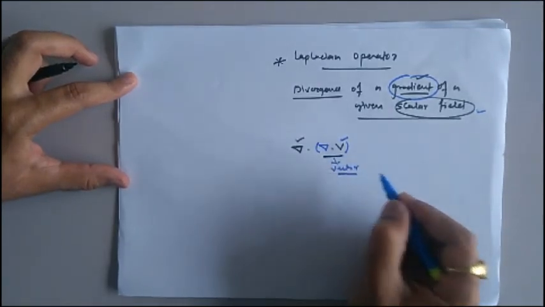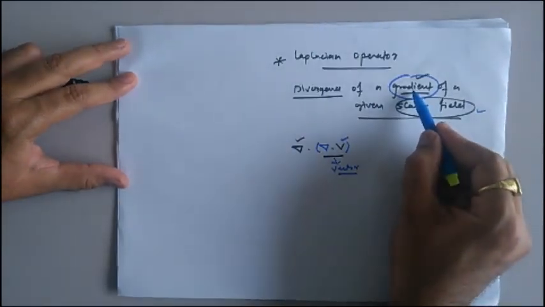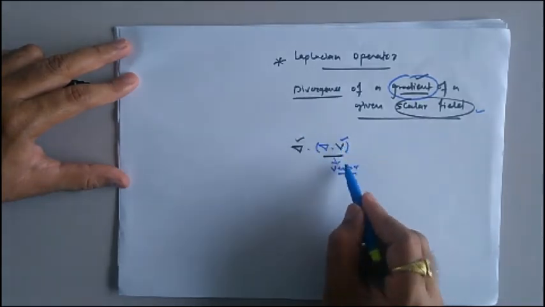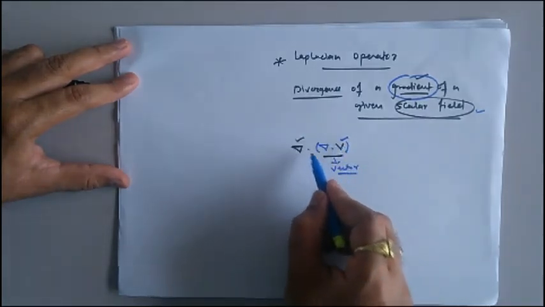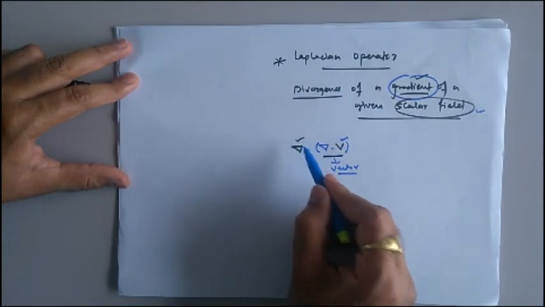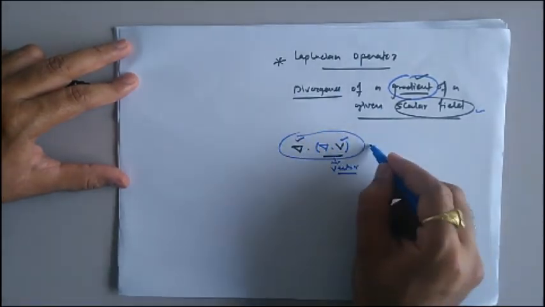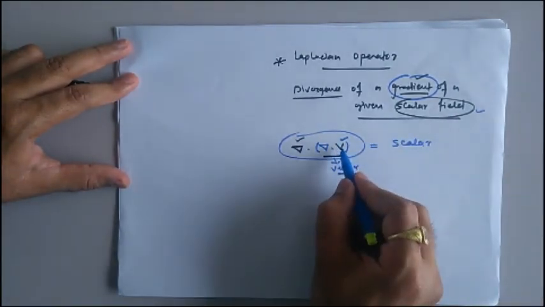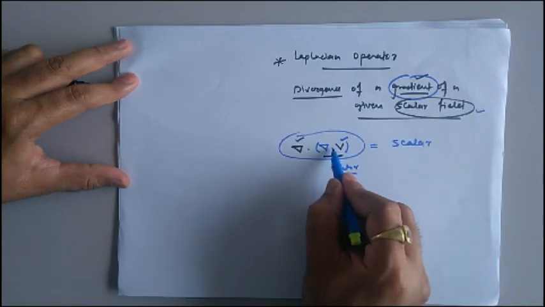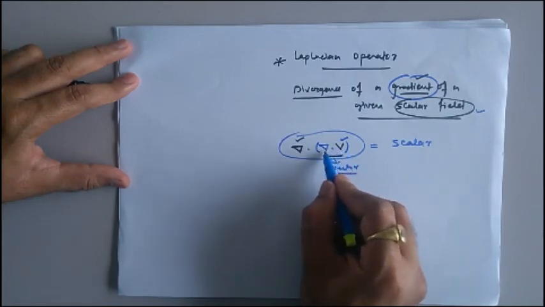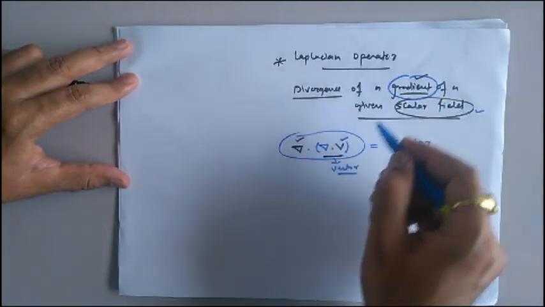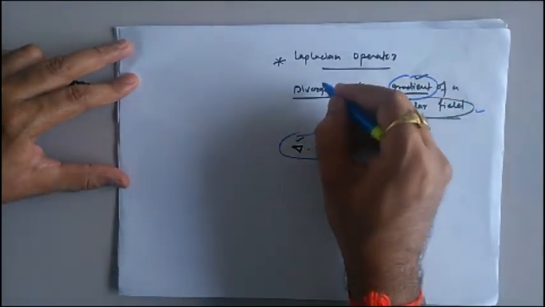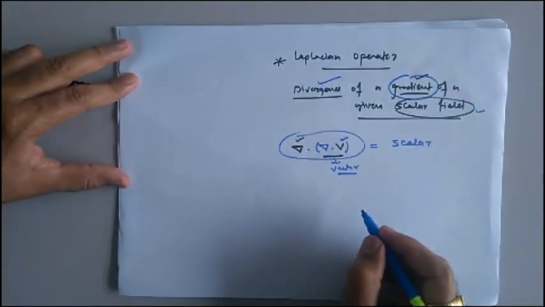Why is it going to be a vector? Because we are operating a gradient, that means del operating on a scalar, so this will be your vector, and you are again taking the dot product of this vector with respect to del, so the final quantity will be a scalar. So ultimately, first you took the del operator on a scalar, which is nothing but your gradient, and gradient means a vector, and on this vector you took a dot product with the del operator, that means you are applying the principle of divergence.